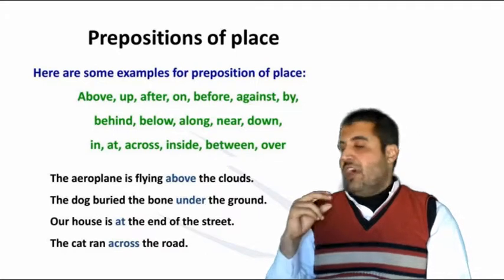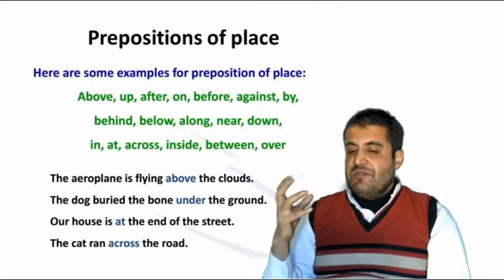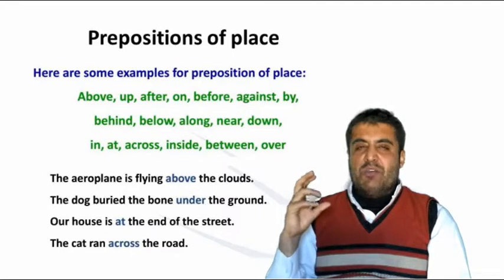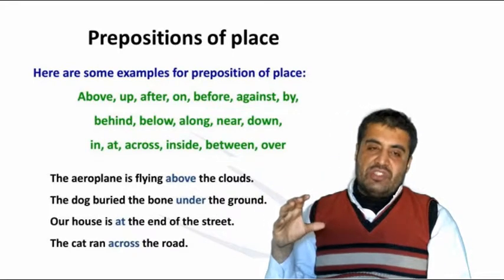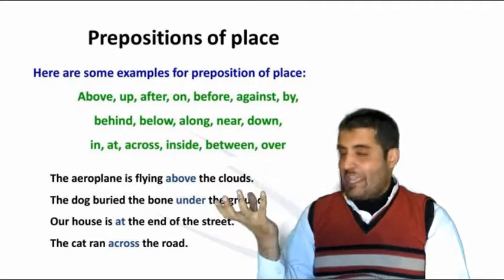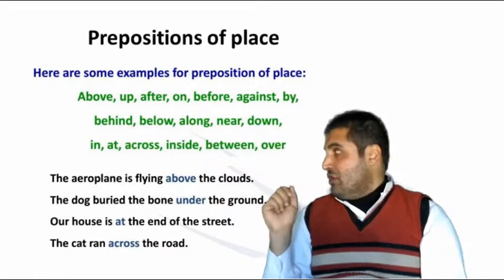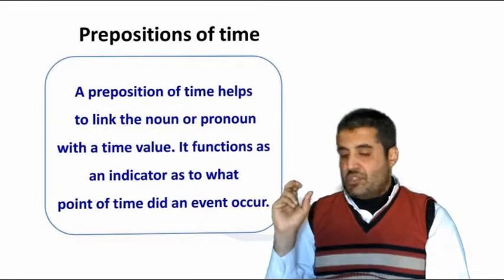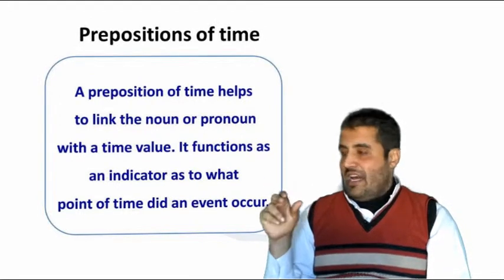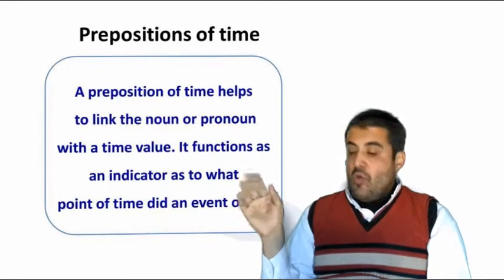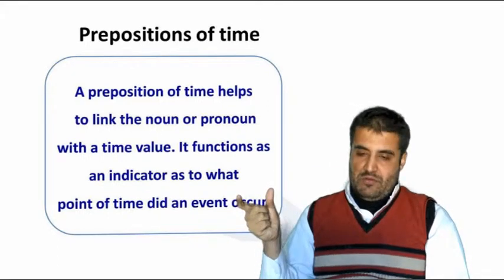Okay, so now preposition of time. From the word time you can understand that these are prepositions, they show us time in a sentence. So look at the screen, the definition of preposition of time. A preposition of time helps to link the noun or pronoun with a time value.